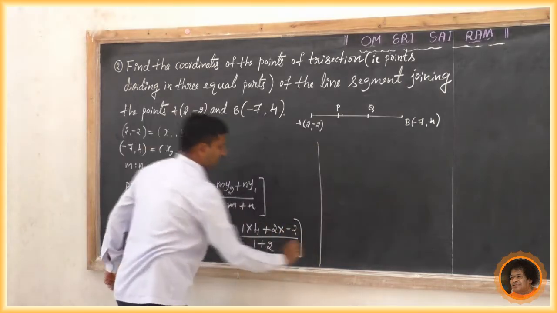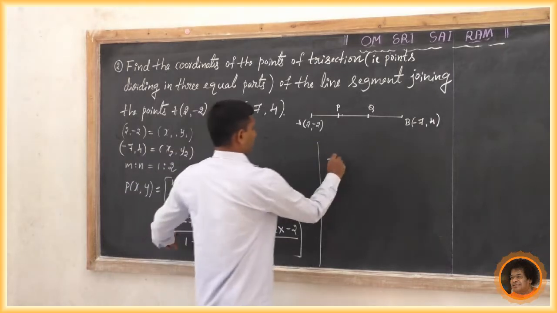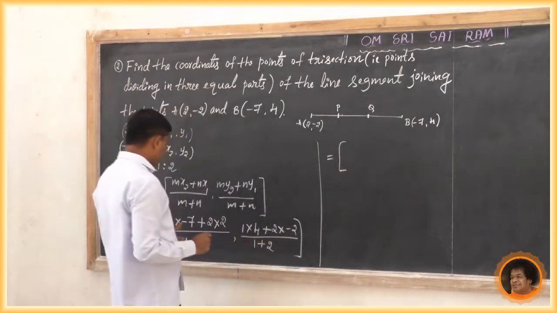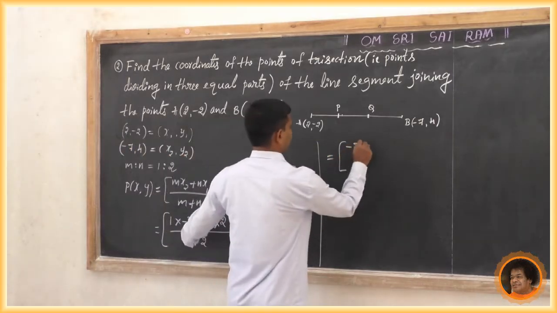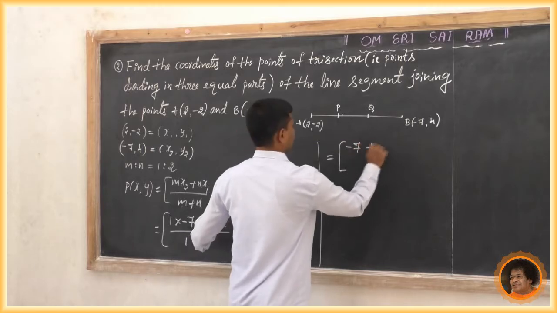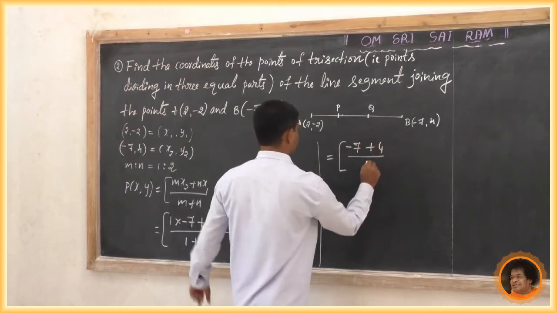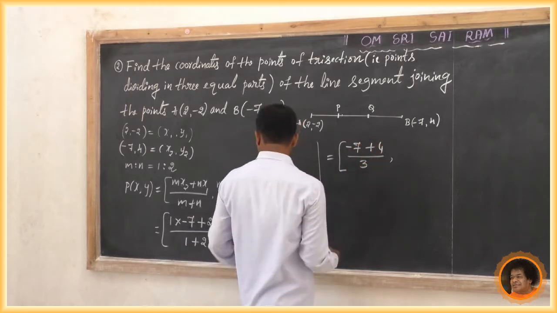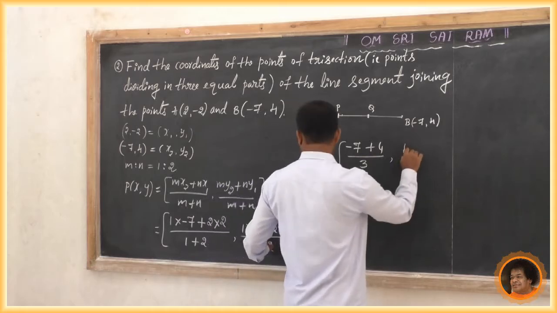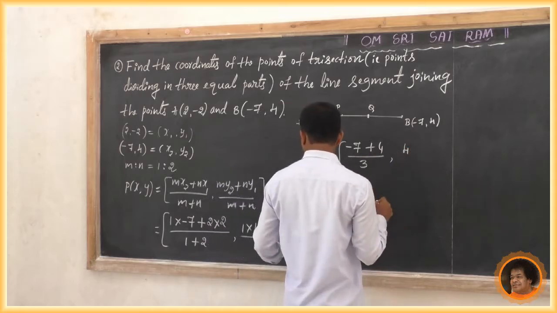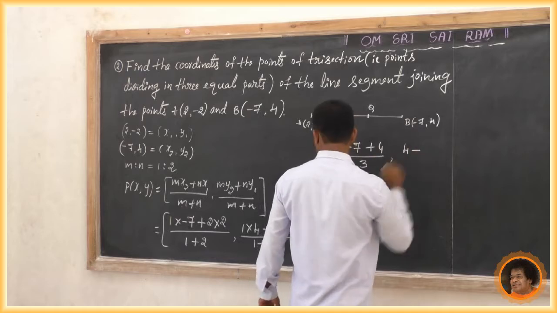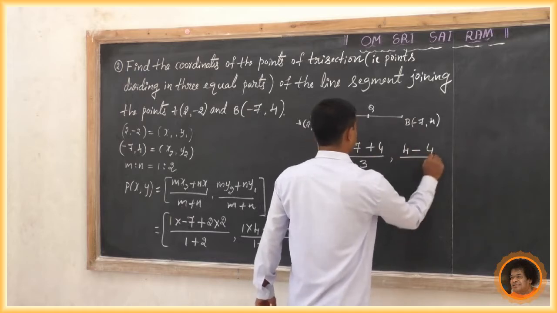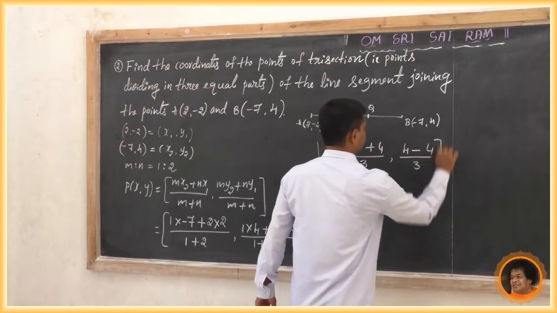Next, simplify. 1 into -7 is -7, plus 4, divided by 1 + 2, which is 3. Here 1 into 4 is 4, plus -2 into 2, which is -4, divided by 1 + 2, which is 3.